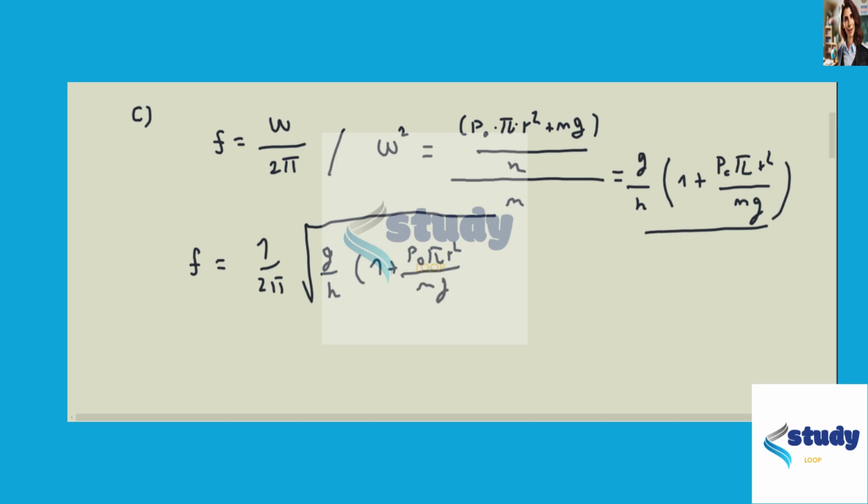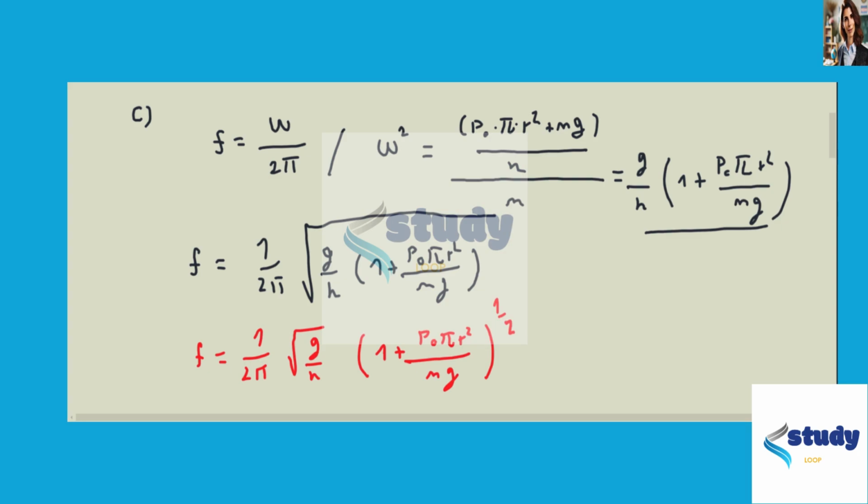This can be further represented as f equals 1 over 2 pi, then g over h under the square root, times 1 plus P0 pi r squared over mg raised to the power of 1/2.